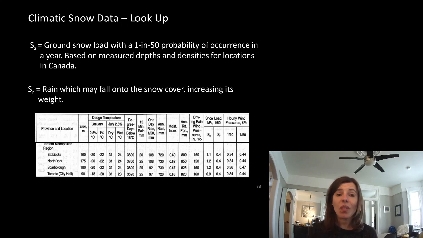Now, you can have two 1 in 50 year snowfall events in the same year. It can happen. Statistically, it's highly unlikely, but it is not a zero chance. So with statistics, it is all about range. What we're saying is that this is the statistical probability of your maximum snowfall in this 50-year time frame.